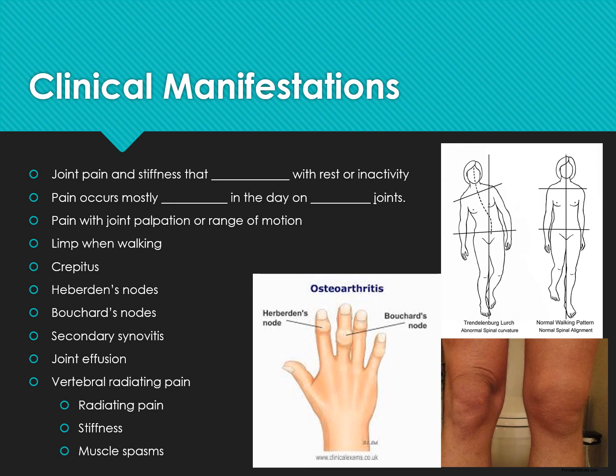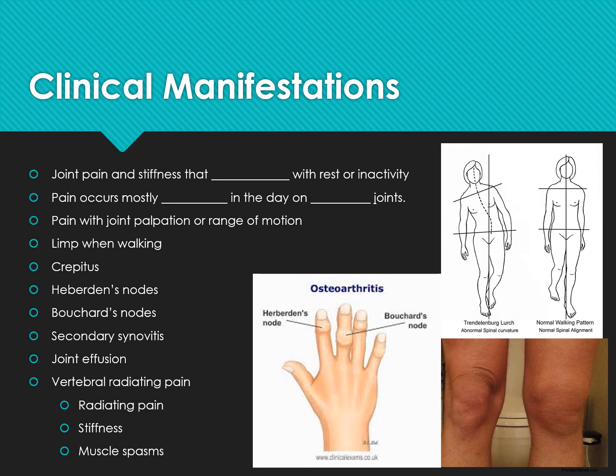If somebody has, as you can see in the lower right picture there, inflammation, which can occur from secondary synovitis, this indicates advanced disease. We're going to see joint effusion, and it's going to be warm, red, and very painful to touch and palpate.